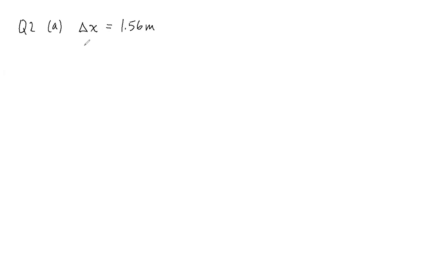And so the initial speed, this is unknown. We have to solve for this. The final speed is going to be 0 meters per second. Why? They didn't tell us this, but how do we know? Because it says that the cap reaches a maximum height.